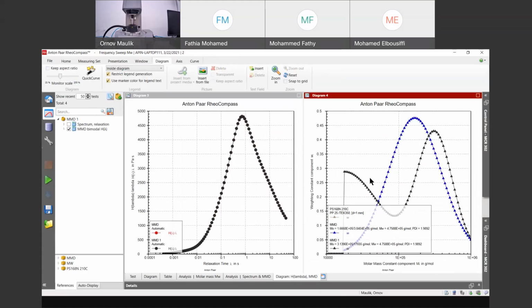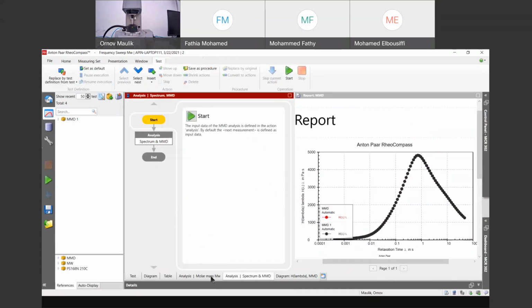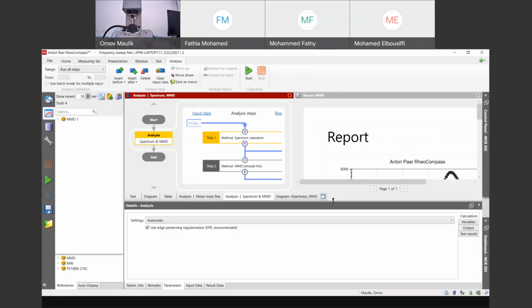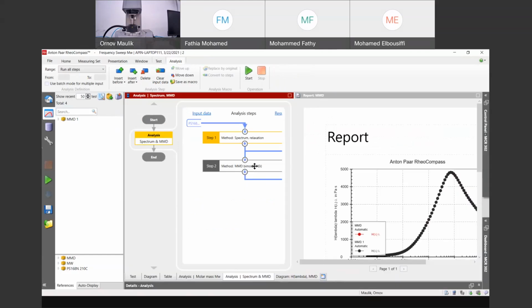Now, in order to get a complete molecular mass distribution, you need to define a few parameters you are expecting. For example, if you are working with polymer blends, those blends can be bimodal or they can be monomodal. So you need to define all these variables.